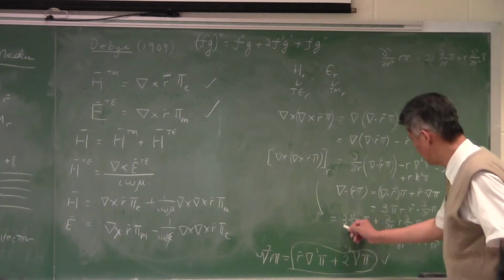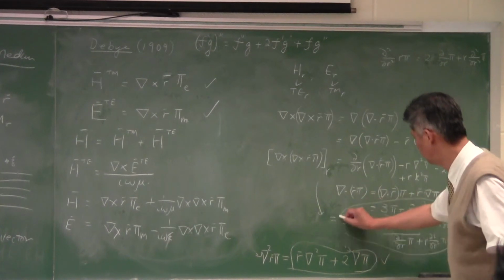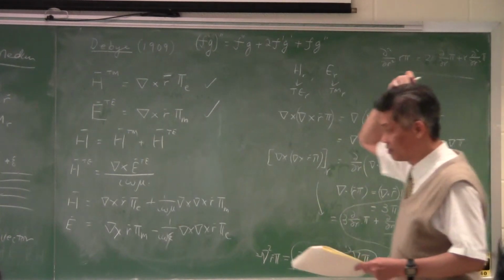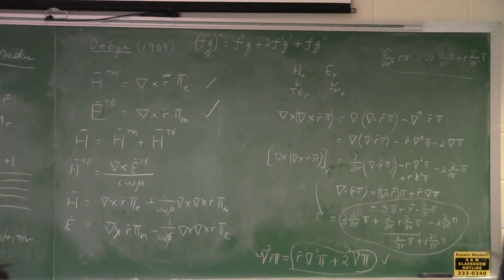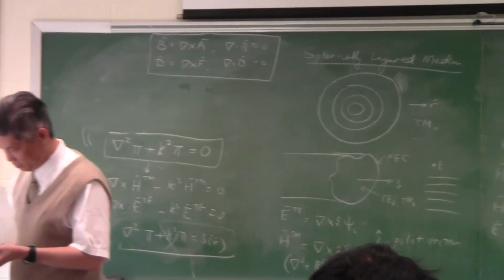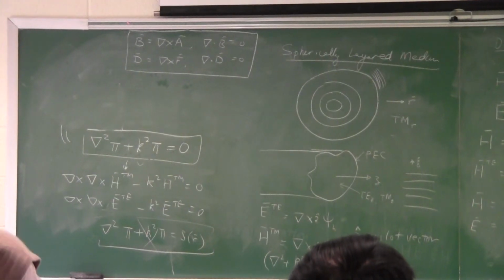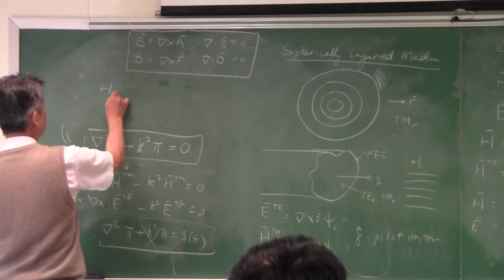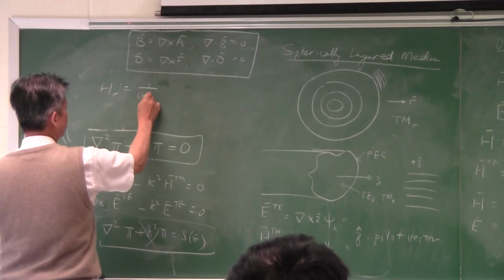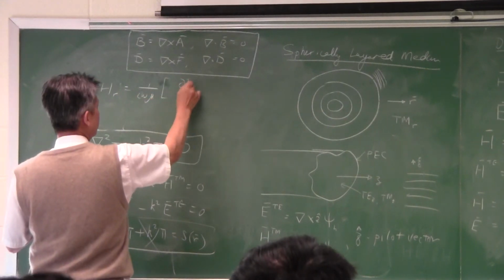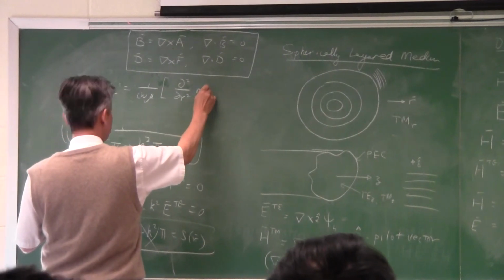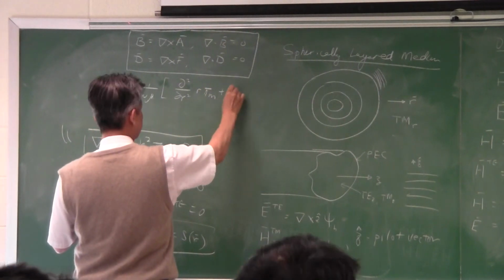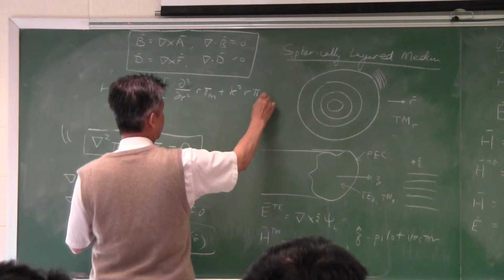What I'm trying to do is that this thing here can be written more succinctly. I'm not successful in doing that, but it can be written more succinctly as such, as given in the textbook, that HR will be equal to 1 over i omega mu r squared times partial r squared of r pi m plus k squared r pi m.